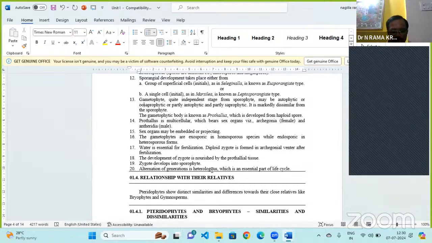The epibasal tier of the embryo gives rise to the shoot apex and the first leaf. The foot arises from the hypobasal tier, and the suspensor pushes the embryo deep inside the gametophyte. The root may arise from the epibasal and hypobasal tiers of the embryo. So these are the embryo structures, meaning alternation of generations. The zygote produces the next generation, the sporophytic generation. You see, spores, gametophyte, gametes, sporophyte, spores.